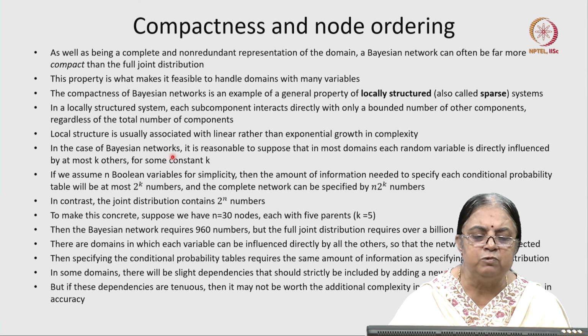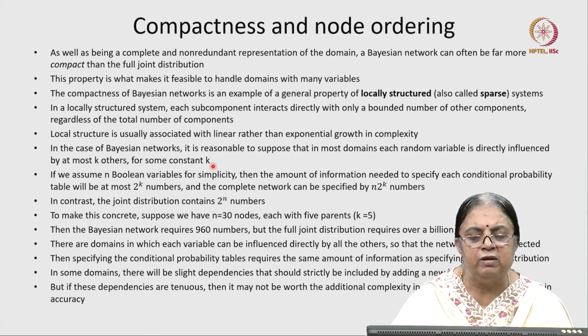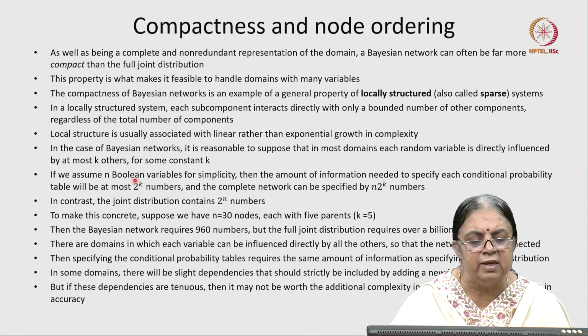Suppose we take a Bayesian network, and suppose each random variable is influenced by k others. If there are n Boolean variables, then the complete network can be specified by n times 2 to the power of k numbers, and the joint distribution is 2 to the power of n numbers.